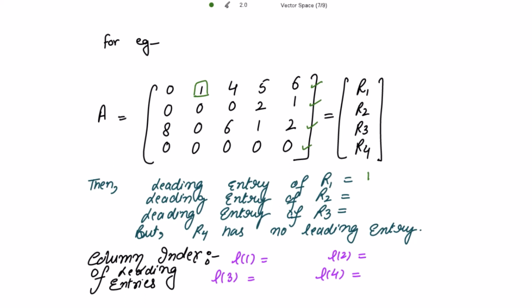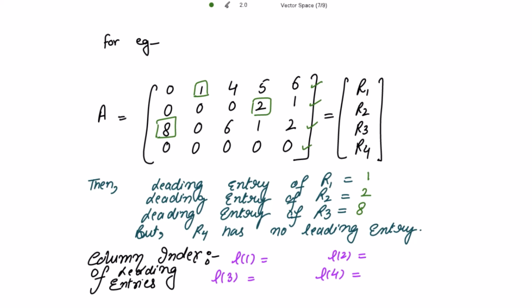The first non-zero element. 2 is the leading entry for R2. What is the leading entry of R3? 8. This is the leading entry for R3. But R4 has no leading entry. There is no non-zero element present in this row.